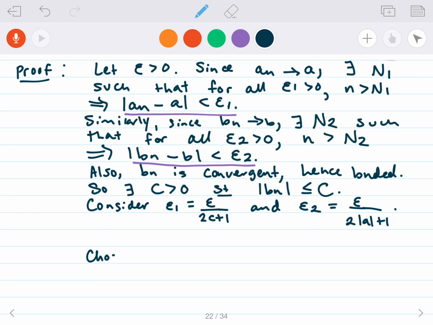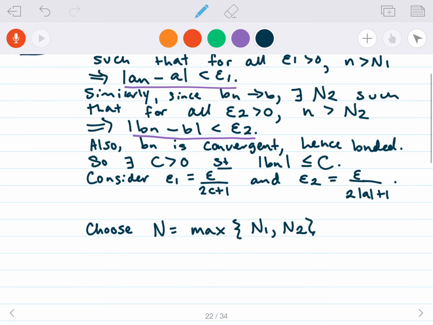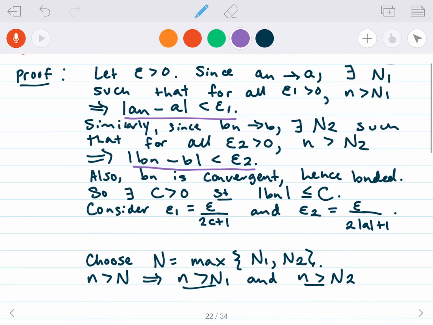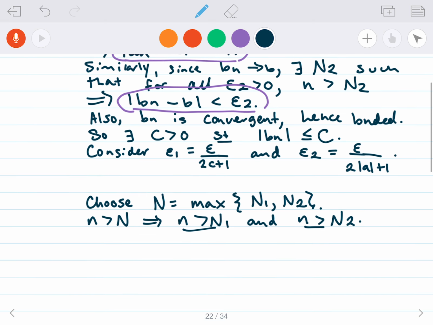We're going to choose capital N as the max of capital N1 and N2. And that way, n bigger than capital N is going to imply that n is bigger than N1 and n is bigger than N2. And since both of these things are true, both of these statements will hold, and we can use them in our triangle inequality proof. Okay, so we've chosen our capital N.